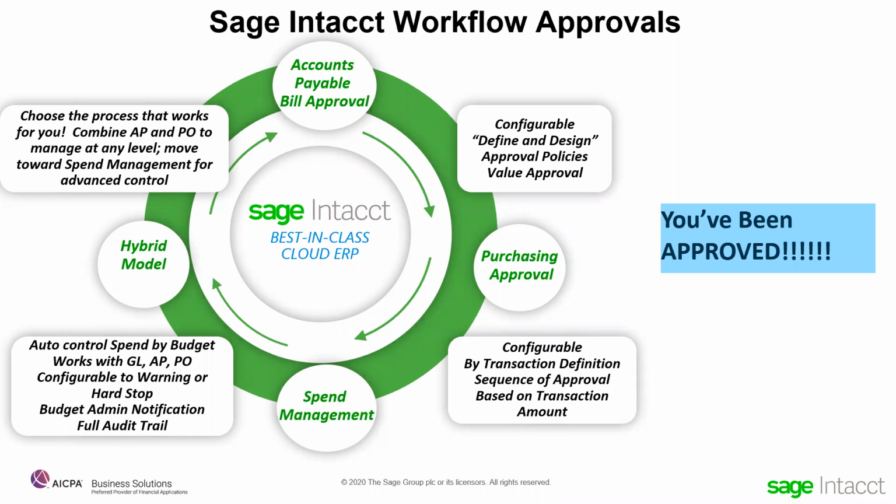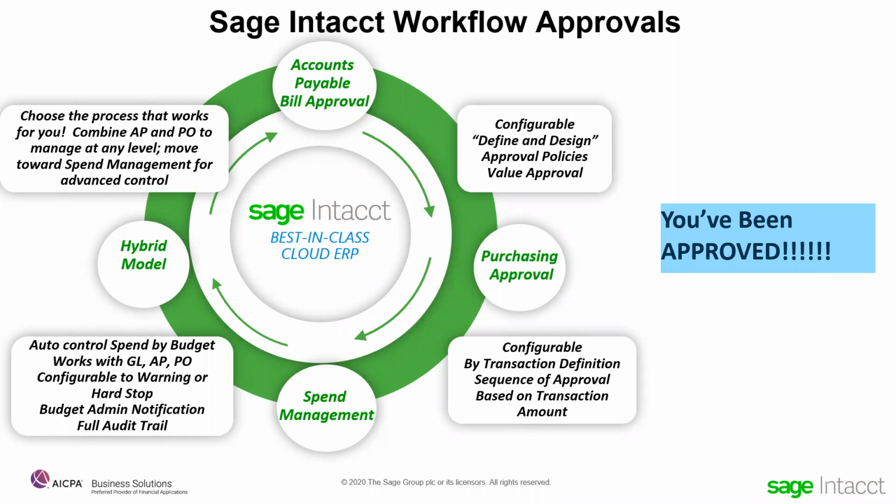All of this is identified to the budget administrator through notification, and there's a full audit trail to all of those transactions. So at its core, what we're doing here is we are helping you by way of two different areas, whether it's accounts payable or your purchasing team.